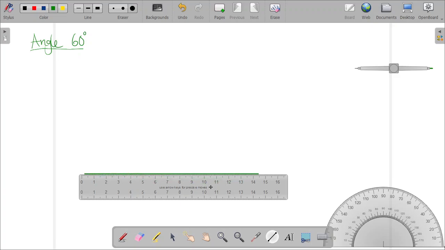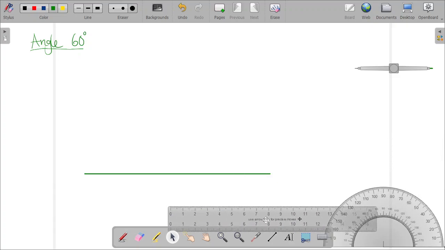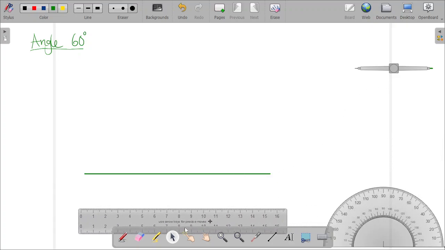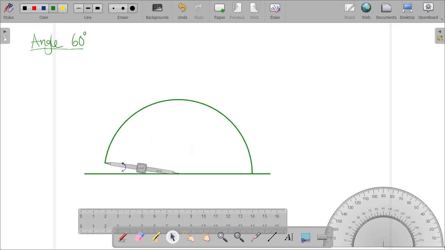After I draw that line, I'm going to take my compass and draw a semicircle. You put your compass sharp point on any point on that line, then you draw a semicircle like this.